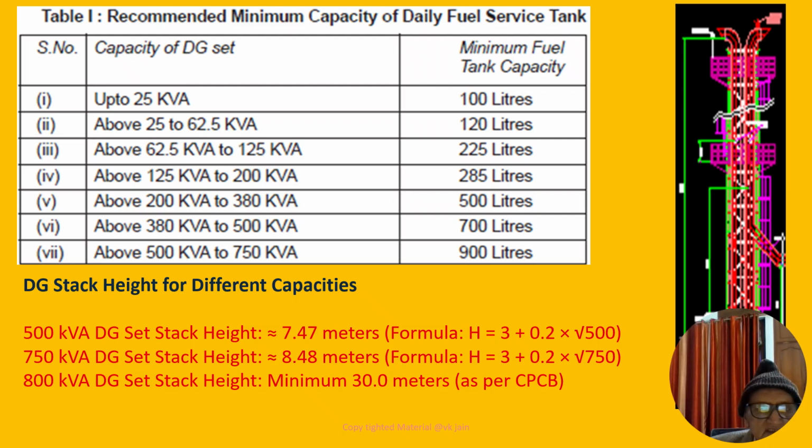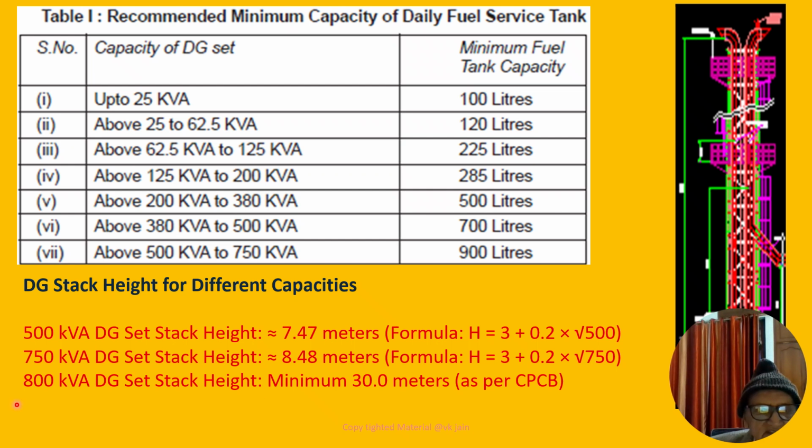The diagram on the left hand side shows the DG stack for two diesel generating sets. One is this and the second is this. This fuel discharge is right from the top of the diesel generating set, even if it is canopy based.